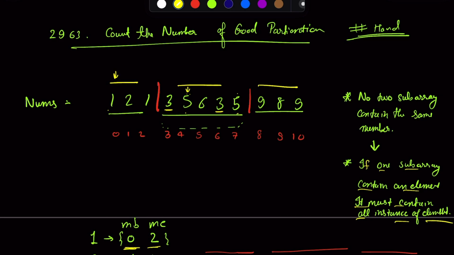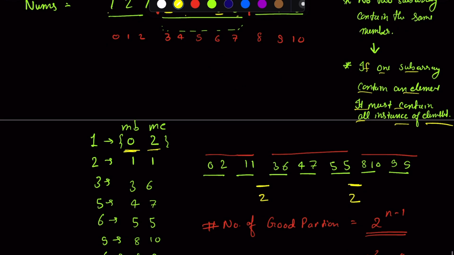So what can we first think? What is the first thought which can come to our mind? That for each element we should know the starting and the ending index at which it is present in the array. So we can calculate that first.